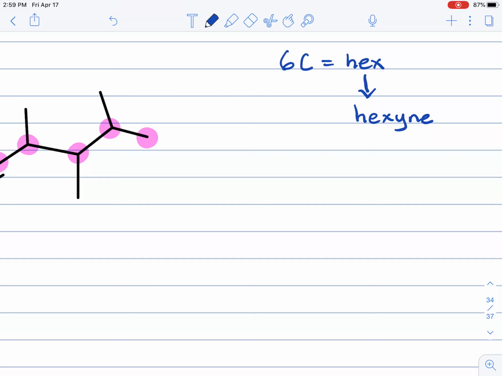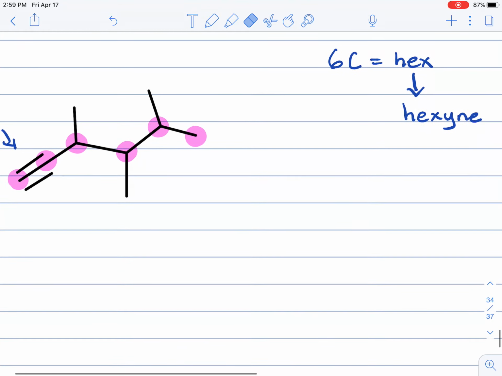Now I'm not going to put in hexa-yne, so please don't put hexa-yne. So this spelling is wrong. Don't put in an A. That A is typically found if it's like 2 double bonds, like hexadiene or something like that, or pentatriene or something like that. Okay. But if there's only one double or triple bond, you don't need to put in the A in between the 2 consonants.